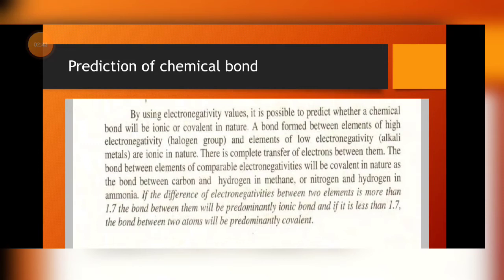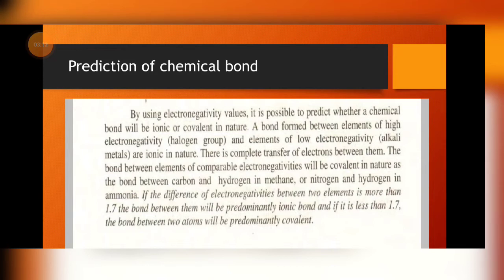And what is the criteria to predict whether it is ionic, covalent, polar or non-polar? Here it is. If the difference of electronegativities between two elements is more than 1.7, the bond will be predominantly ionic, and if it is less than 1.7, the bond between the two atoms will be predominantly covalent.